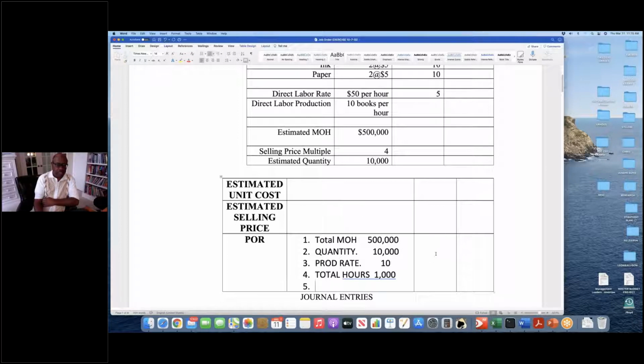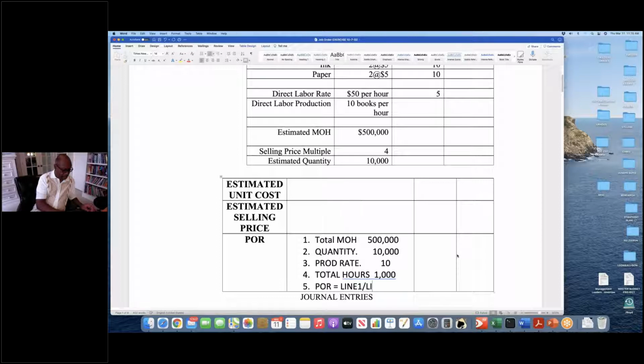Okay, then what's going to go on the next line? The POR. And so the POR is going to equal what? If you explain this to the rest of the class, what are you going to tell them the POR is going to be? Line 1 divided by what?